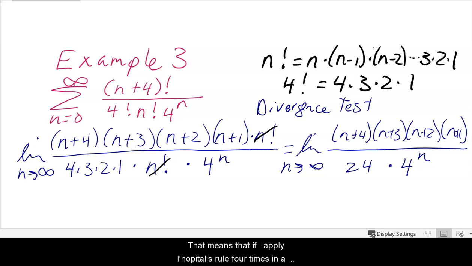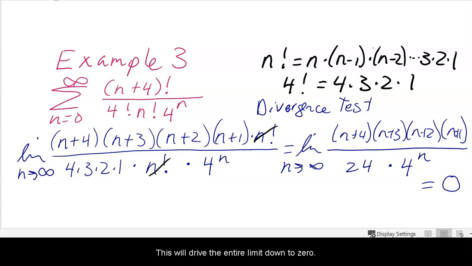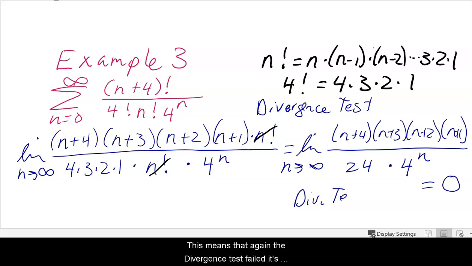That means that if I apply L'Hopital's rule 4 times in a row, I will eventually find that the exponential has an order of magnitude larger than any polynomial, and it will outgrow it. This will drive the entire limit down to 0. This means that again, the divergence test failed.